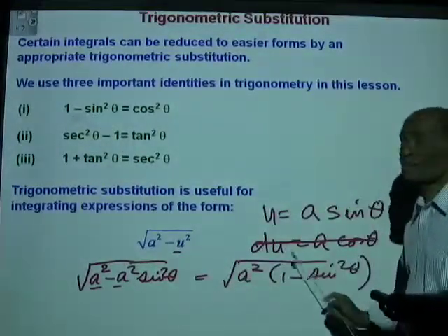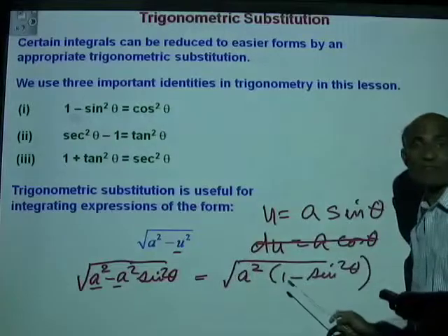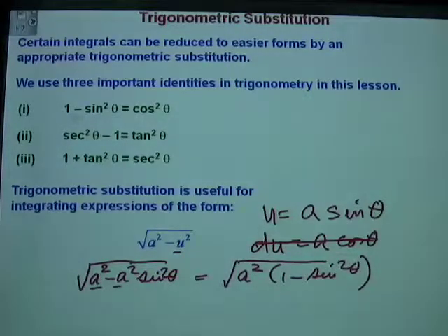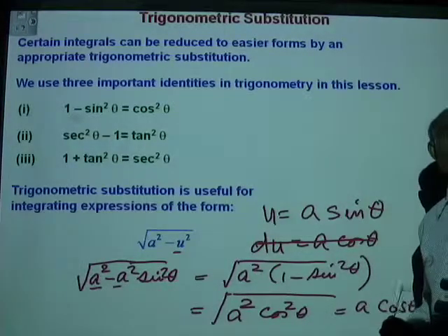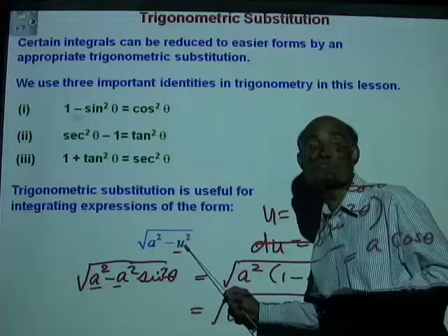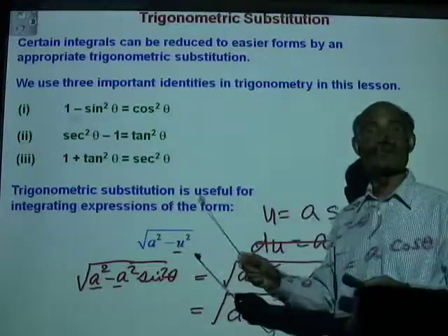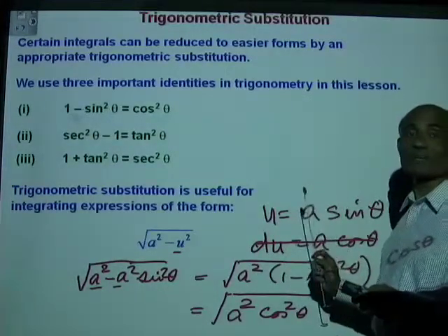This can now be replaced by cos squared theta, so we have the square root of a squared times cos squared theta, and that will be a cos theta. It became a very simple form which can be integrated. So whenever you have the form a squared minus u squared, what is the substitution that you will make? You will make the substitution u equal to a sine theta.